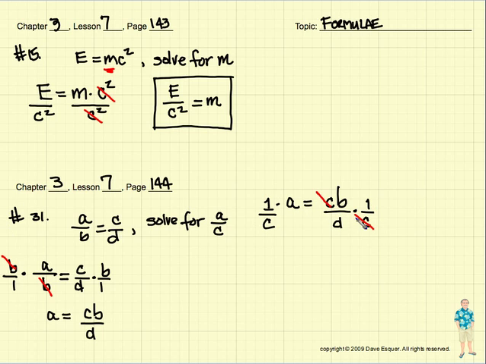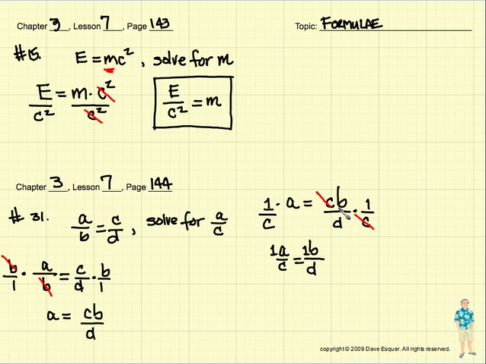The interesting thing here is that the C and the C will cancel out. The left side will be A divided by C with that invisible 1 if we need it. Here, I'll put it in there. Is equal to the C's canceled out, B times 1, let me put that in here too, divided by D.